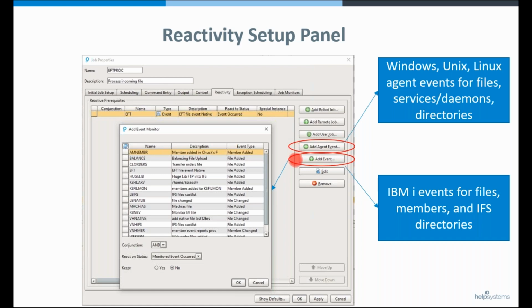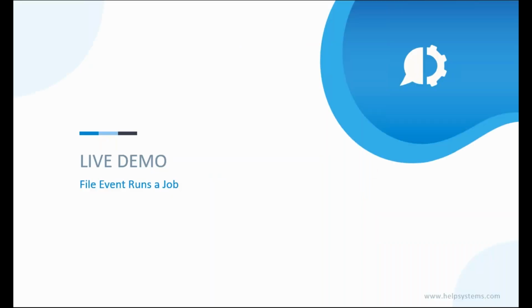So again, if you have Robot Schedule Enterprise, you would add an agent event. And if you just have the regular robot schedule, then you would just have add events. And then it'll bring up the list of events that you've created. And you would just select one of them and hit OK. Go ahead and page down.